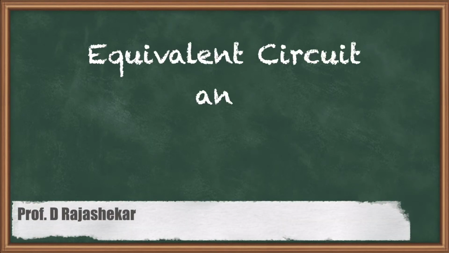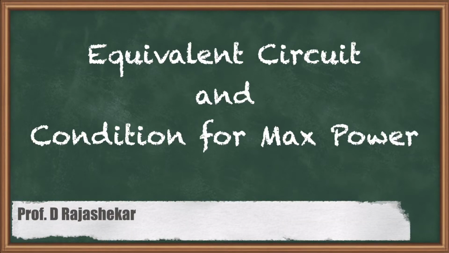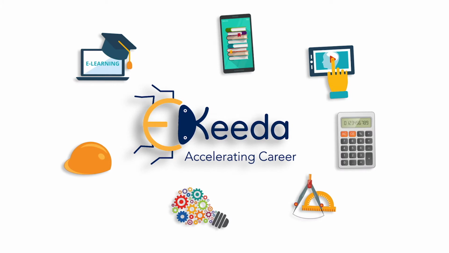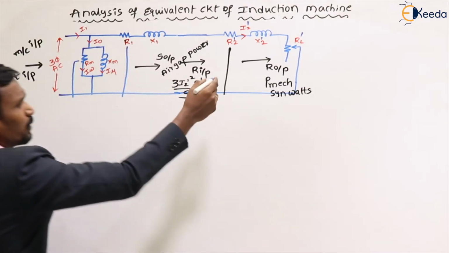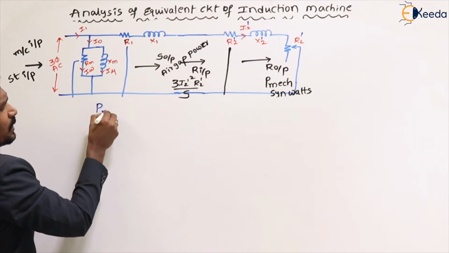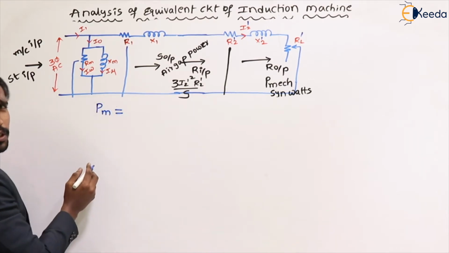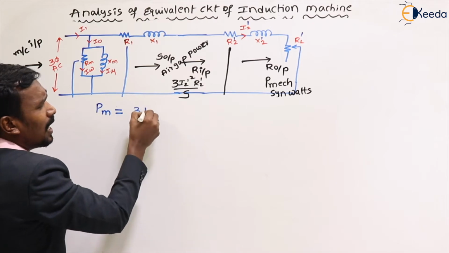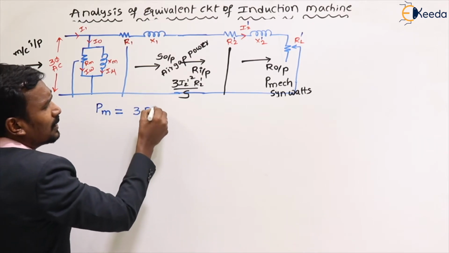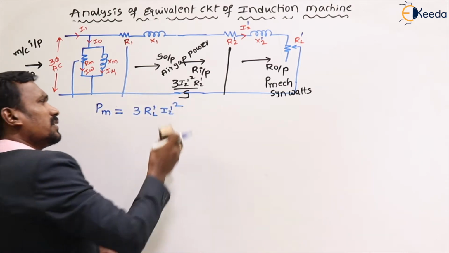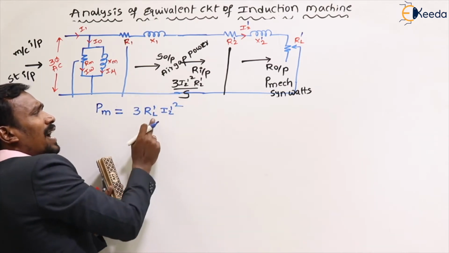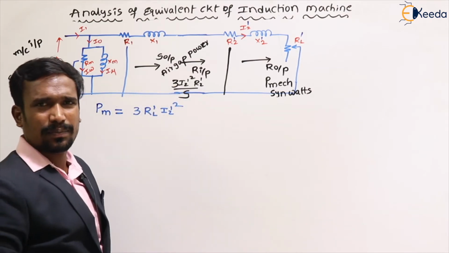My dear friends, in this video, we are going to derive the condition for maximum power. Let's see, actually the power developed by the machine P_m is equal to 3 R_L' I2'^2, or 3 I2'^2 R_L', whatever it may be.